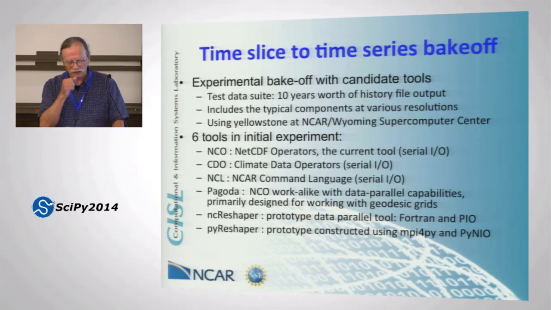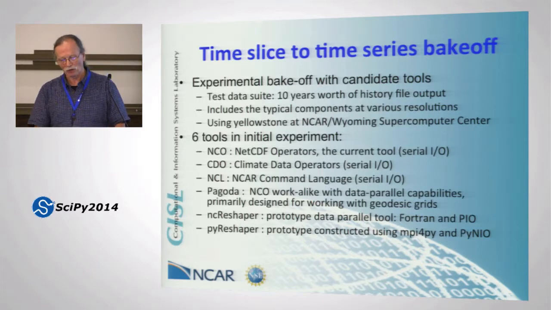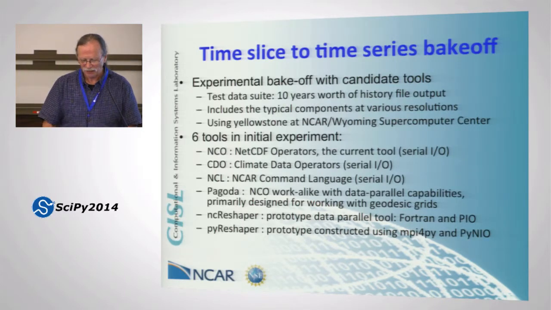Some of these other tools, the NetCDF Operators, are well known in the climate community, and it's a very versatile tool. But for I/O, it's just serial. A couple of others use data parallel type operations: Pagoda, and the NC Reshaper, the other prototype that has been developed at NCAR using Fortran and PIO.